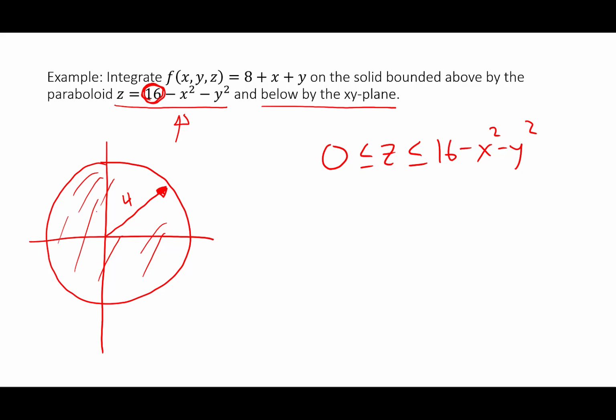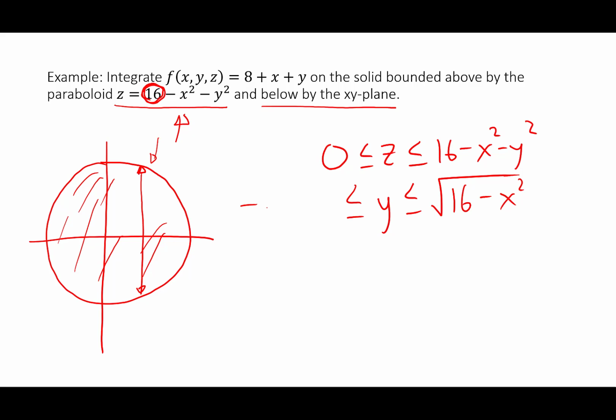And we'll go ahead and slice it like this. Then y would be going from the square root of 16 minus x squared, so that's the top part of the dome, to minus the square root of 16 minus x squared.